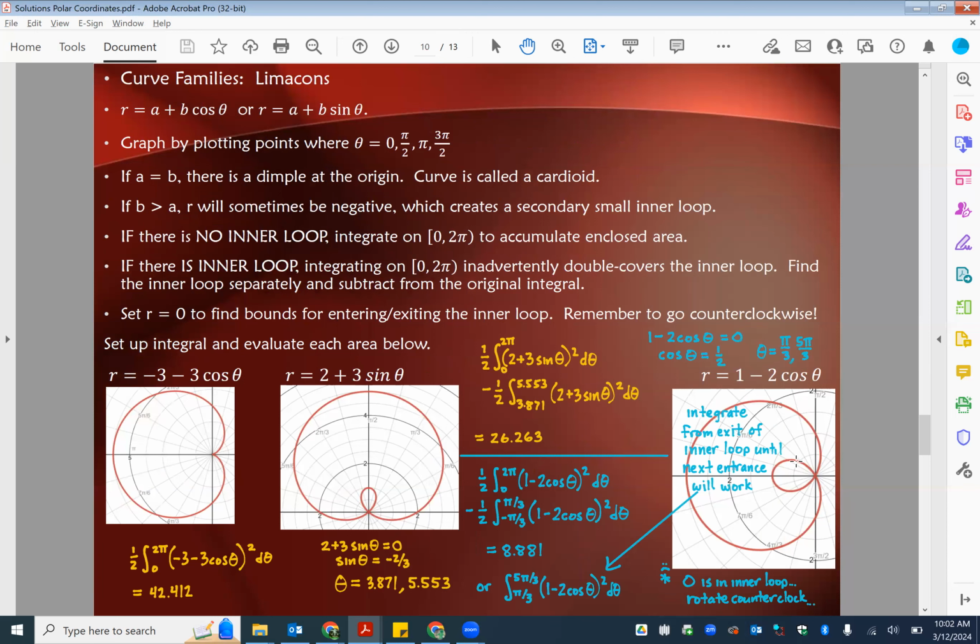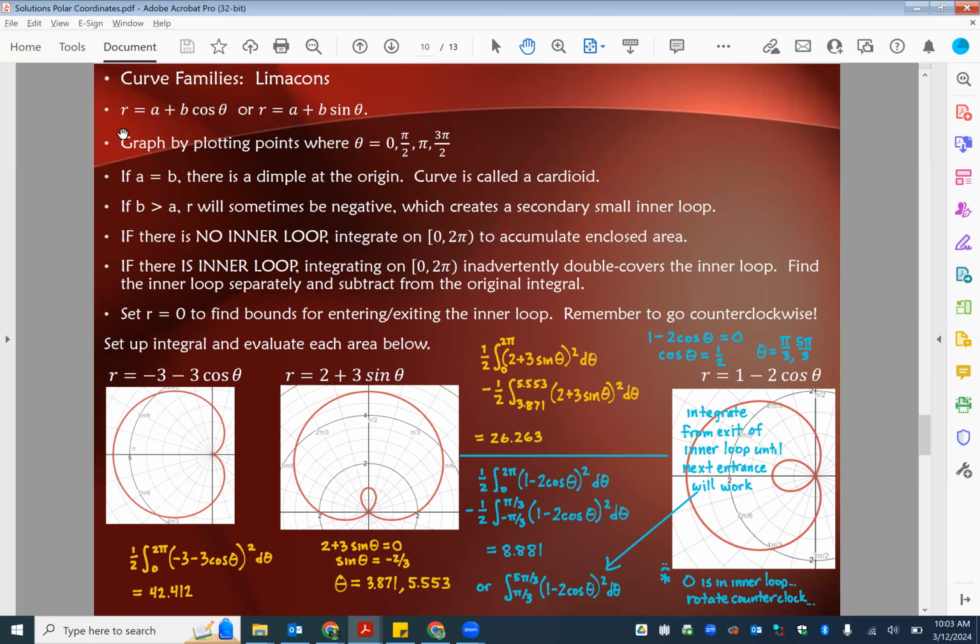These are called limaçons. Still getting some lag here as far as I can tell. Limaçons, you can see some of those shapes down below. The template for the formula is a constant plus another constant times cosine or sine.